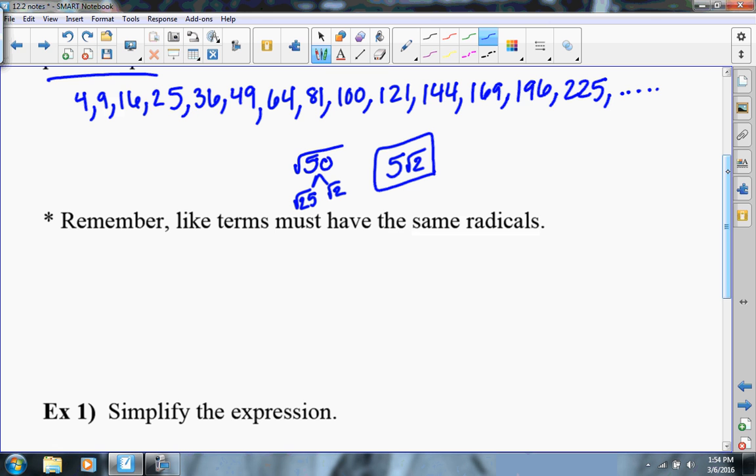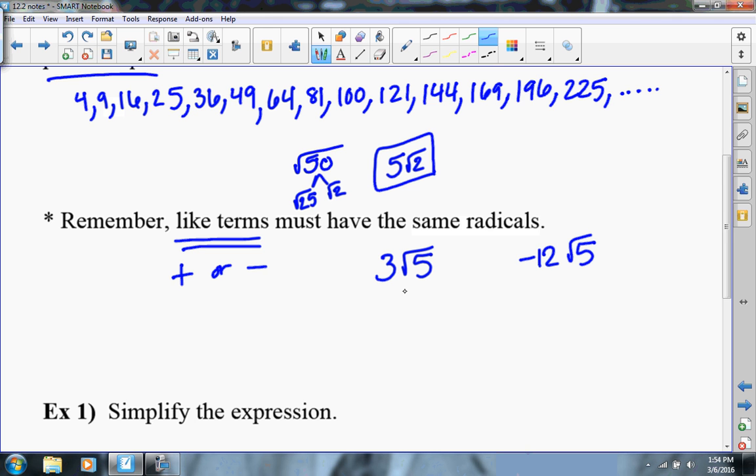And then since we're adding and subtracting and multiplying and dividing radicals, when we add and subtract, we have to have like terms. That's just when we're adding or subtracting. And like terms with radicals means that they're going to have the same radical. So like 3 square root 5 and negative 12 square root 5.